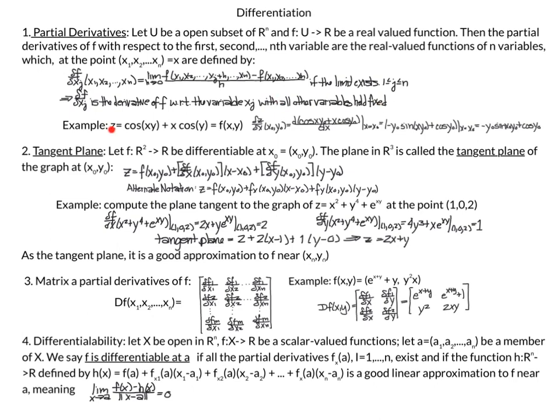So for example, if z equals cosine of xy plus x cosine of y, and z, just to spell this out, is a function of x and y, it's a function of these two variables, then dz/dx, the derivative with respect to x, is equal to, so now we're going to consider y a constant, and x is our variable because we're interested in how z changes with small changes in x. So that's d/dx of cosine(x y0) plus x cosine(y0). And the y0 just specifies we're considering this value fixed.